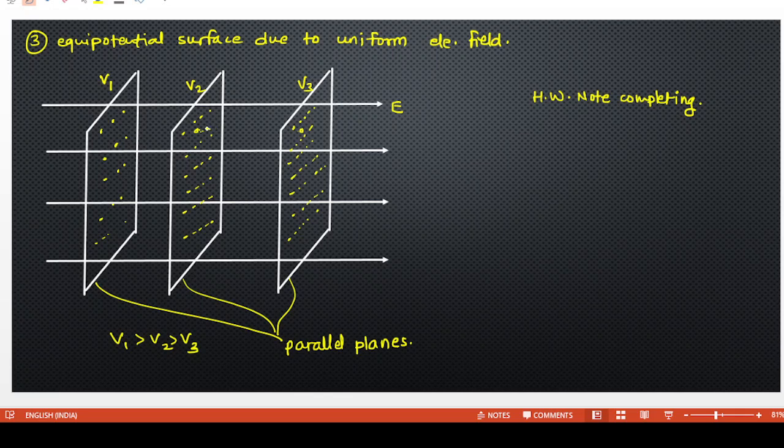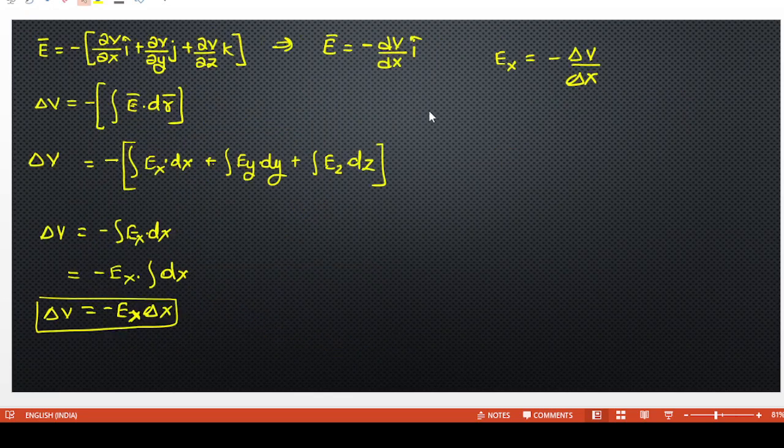Let us say the distance between these two surfaces is small r2, and between these two surfaces it is small r1. Of course, you have to measure the perpendicular distance. So for a uniform electric field only you can do this. Of course, the minus sign is used here to indicate the direction.